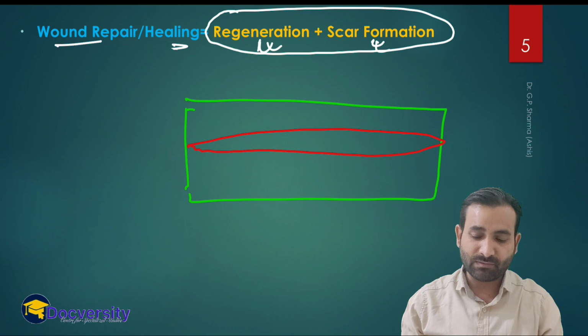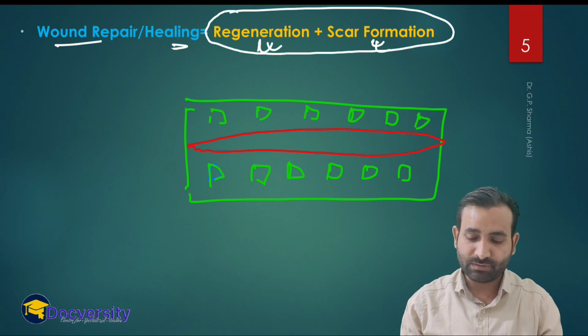So this is my wound, right? Around the wound, I have the normal tissues as well, yes? And within these tissues, I do have some stem cells.